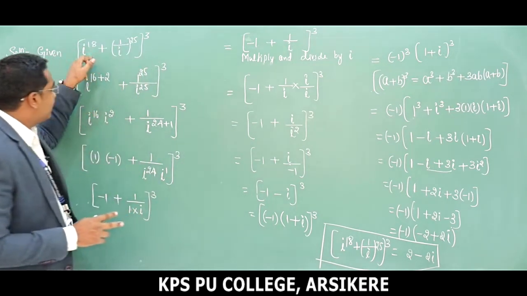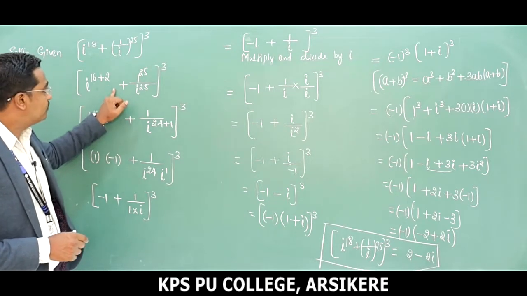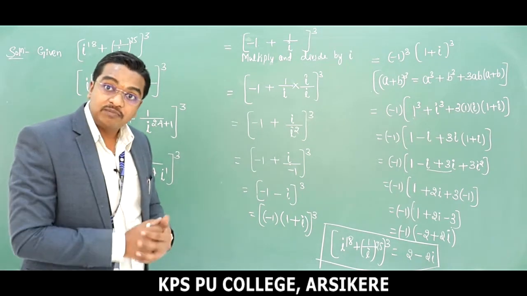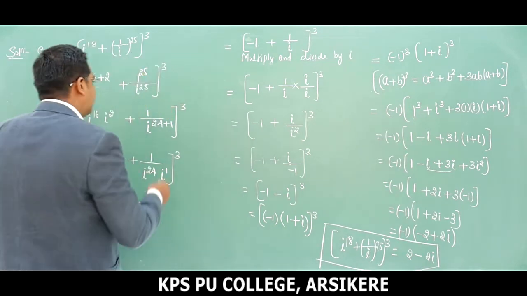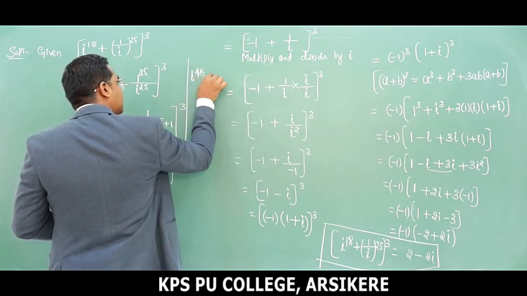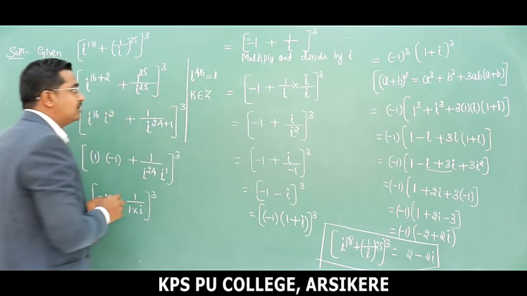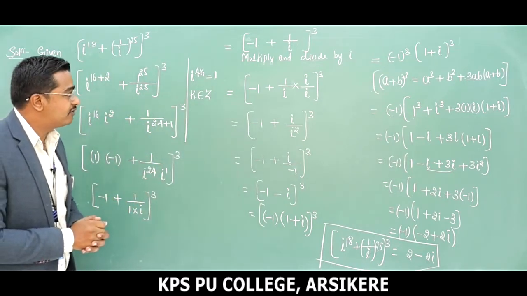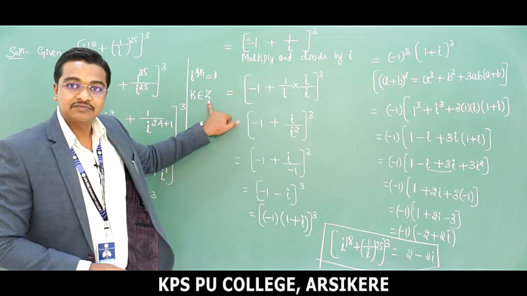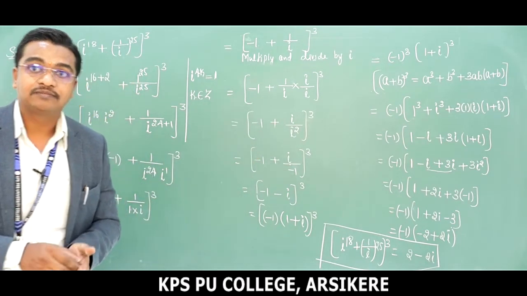So 18 can be written as 16 plus 2, and for i power 25, 25 can be split as i power 24 plus 1. So I will write here: i power 4k is equal to 1, where k belongs to the integers. As I said last time, i power 4k is equal to 1, where k belongs to Z, the integers. Understood? Take a pause and note down all the things I have written here.